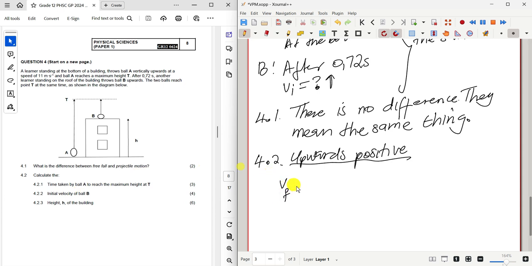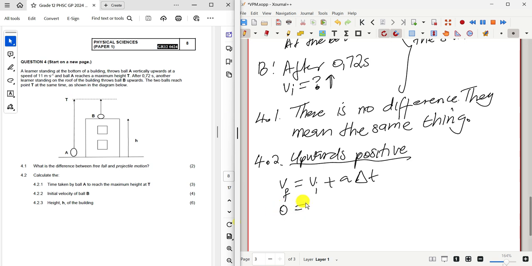So we're going to say V sub F equals V sub I plus A delta T. Why? Because we know at maximum height, velocity is 0. What is the initial velocity? It is 11 meters per second upwards, so it's positive 11. Acceleration, because we said upwards is positive, is negative 9.8.